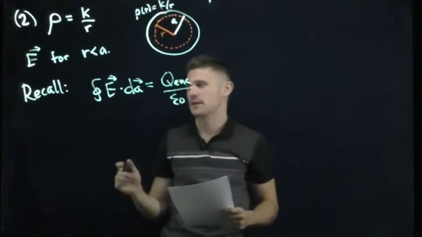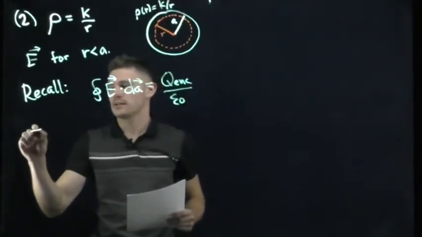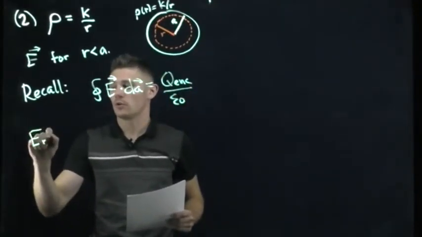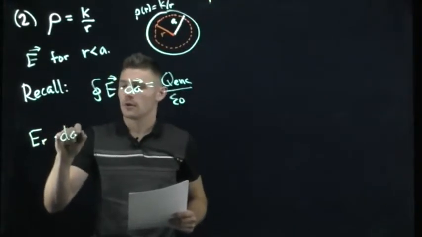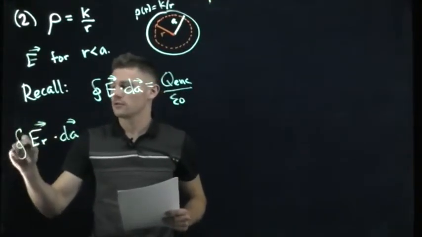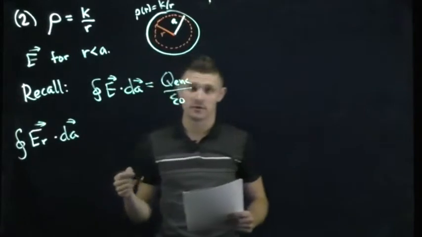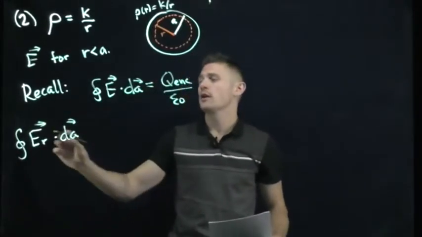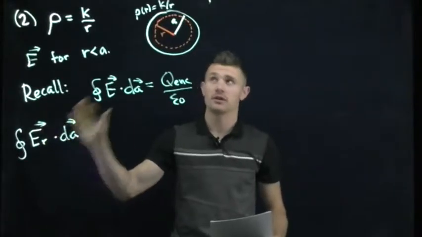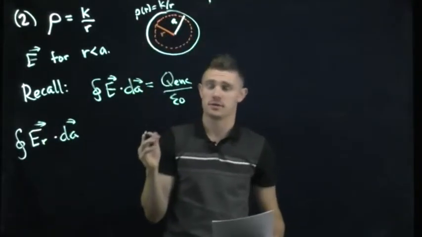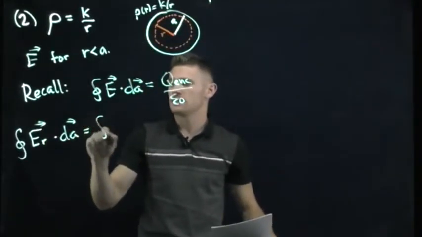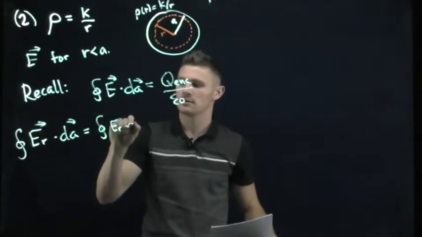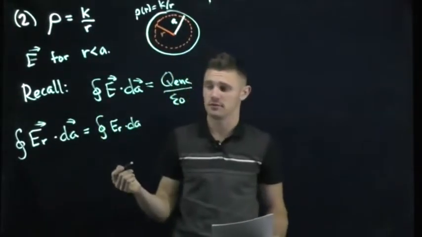If we start with the left-hand side of this equation, we can recognize that the electric field will be radial, and we have the closed integral of the electric field dotted with the infinitesimal area element. From the other videos on Gauss's law, you can remember that these two vectors are parallel at all points on the Gaussian surface. What that means is that the dot product simply becomes multiplication of the two magnitudes.